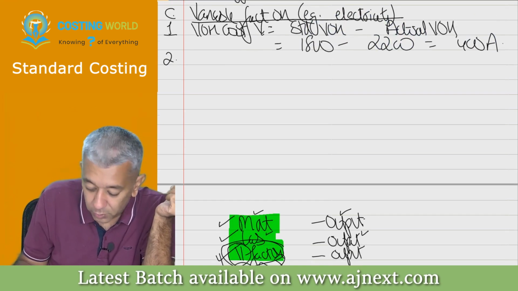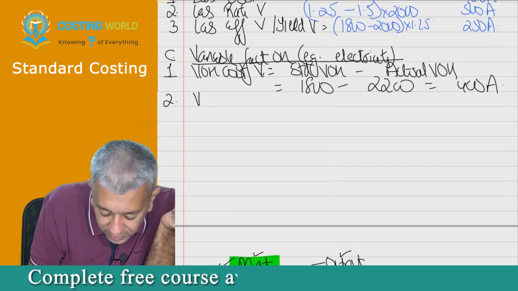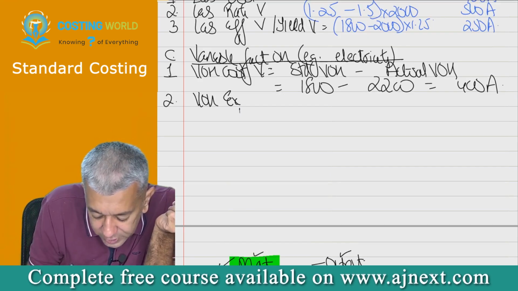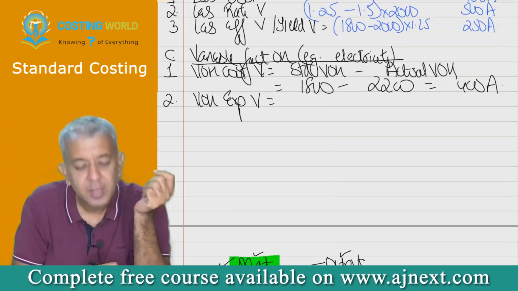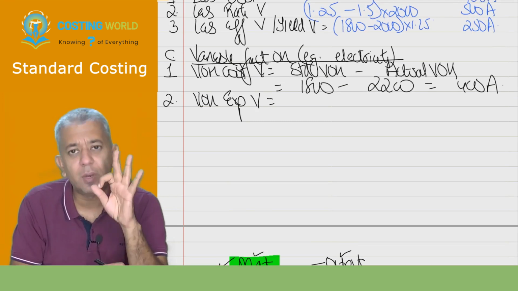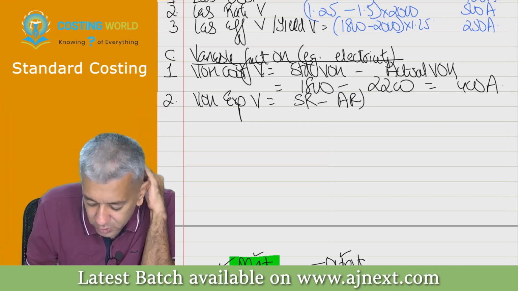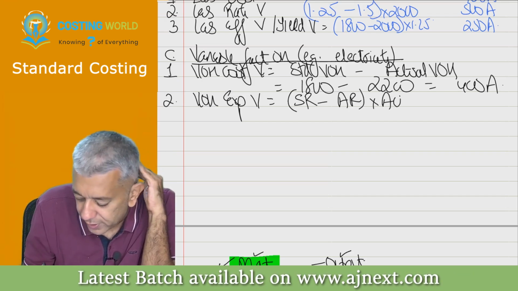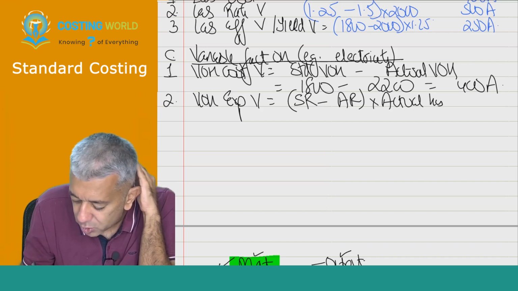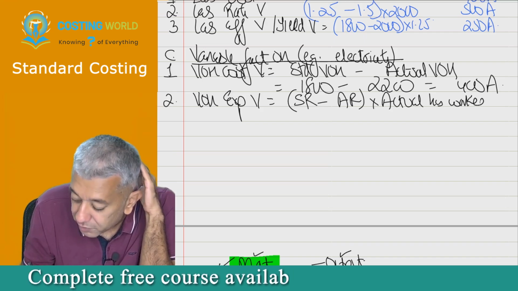For rate, you have a variance called variable overhead expenditure variance. But it is exactly calculated like your rate variance only. So standard rate minus actual rate, into actual hours worked.